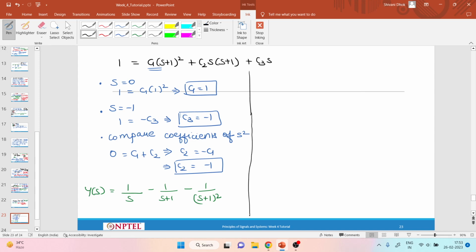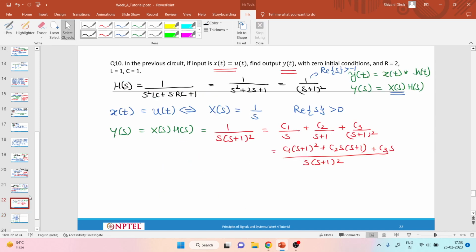And note that if I go back here, the region of convergence for this was real part of s greater than minus 1, and the region of convergence for this was real part of s greater than 0, which means that the region of convergence will be the intersection, that is real part of s greater than 0.